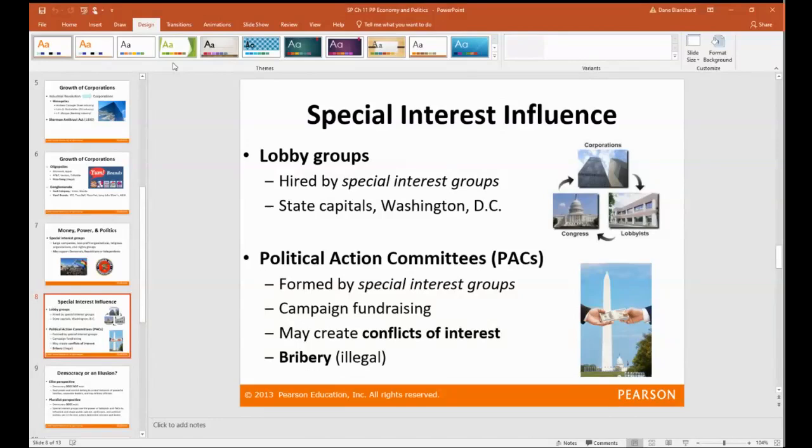Typically, what special interests do is that they not only create lobbying groups, but they also create PACs, which are known as political action committees. And they use their money to try to influence politics. Because in our country, politicians, whether it's on the state level or on the national level, they have to raise money, campaign, fundraising.